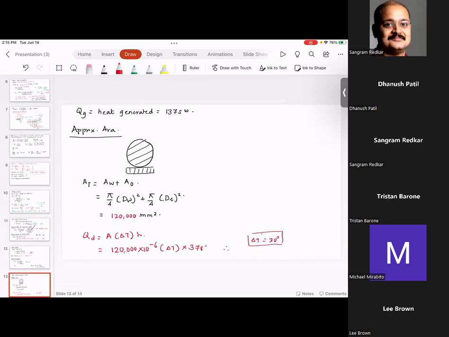So that is how that design would look. The next few steps are the design of shafts, which is similar to the design using the torque and the bending considerations. I would encourage you to take a look at the textbook and follow the shaft design from there.